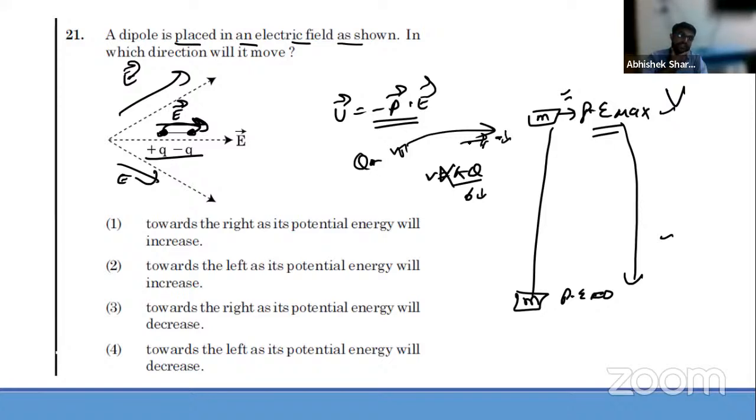So it will move in such a direction, from higher electric field intensity to lower electric field intensity, where the potential energy decreases, because potential energy is approximately related to electric potential. So it will move in such a direction where potential energy will decrease. So the answer is this, towards the left, where the potential energy will decrease.